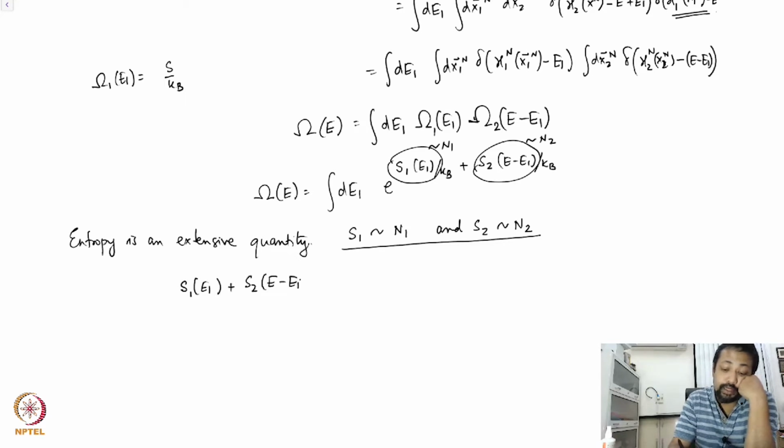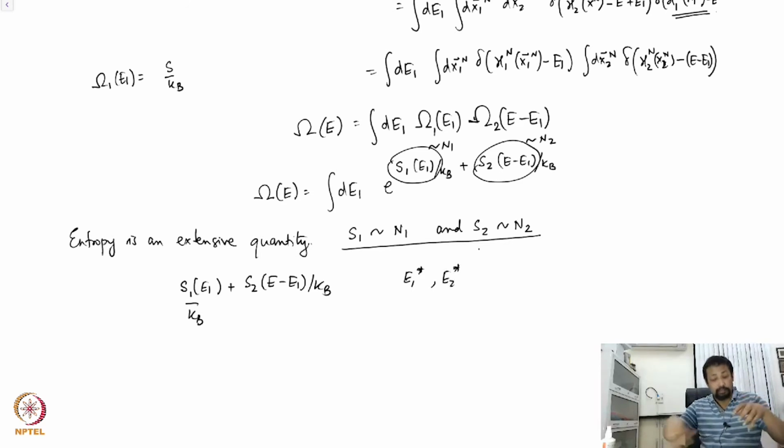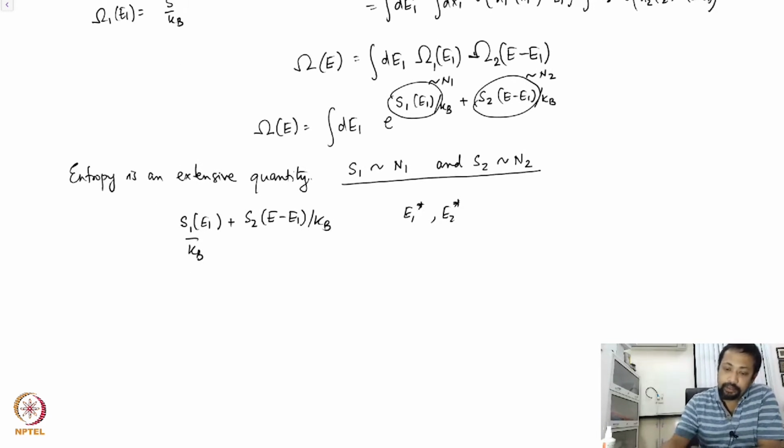And suppose I do that, and this gives me two energies, E1 star and E2 star, which means what is being said here is that once I bring the two microcanonical systems together, they find a joint equilibrium by extremizing this quantity. Correct? How will you extremize?